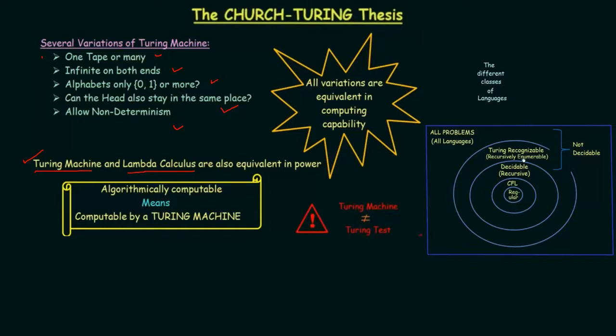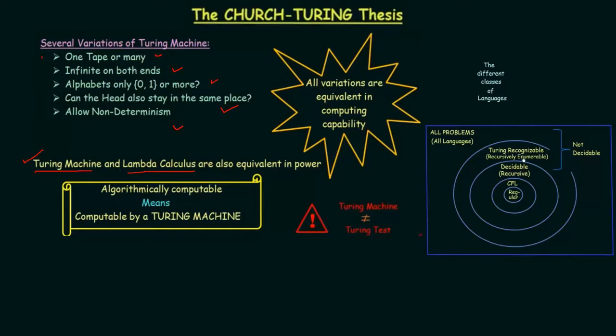It is related to artificial intelligence. The Turing test allows you to test whether a computer is as intelligent or as human as a person or not. That is totally different, but both were built by Alan Turing, which is why he gave the names Turing machine and Turing test.